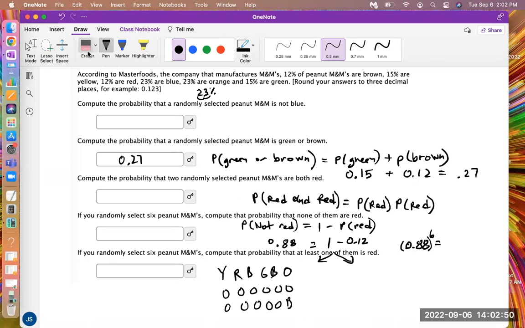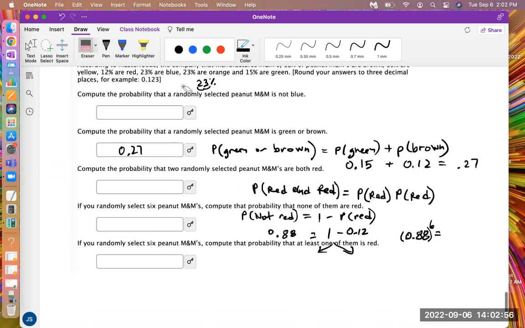So these are the complement of each other. So if I want to find the probability of at least one red of the 6 M&Ms, I just have to do 1 minus the probability that none of them are red.